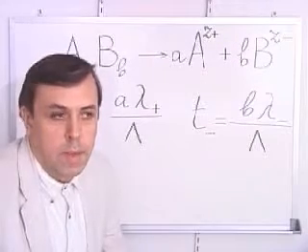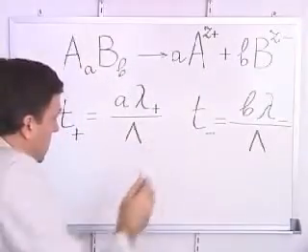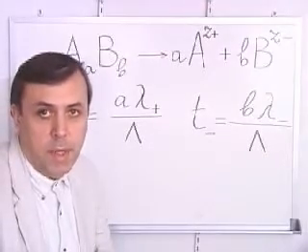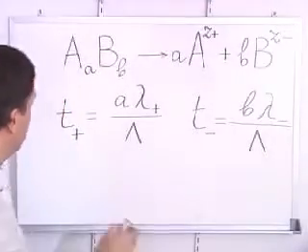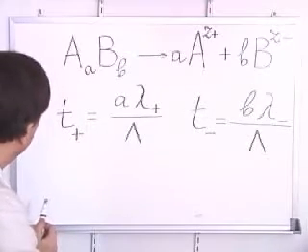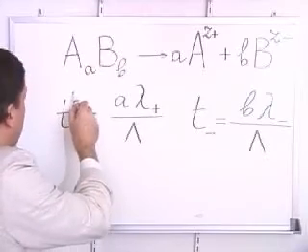Now we can determine the values of these transport numbers T plus and T minus at several concentrations, and then by extrapolation we may find the values of these transport numbers corresponding to concentration 0 or corresponding to infinite dilution.